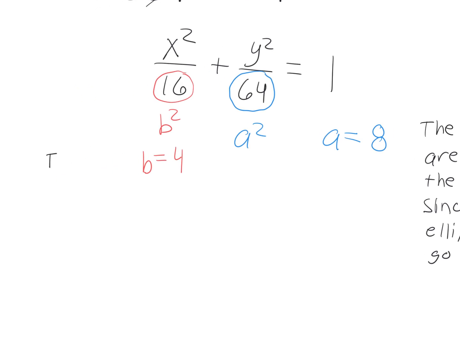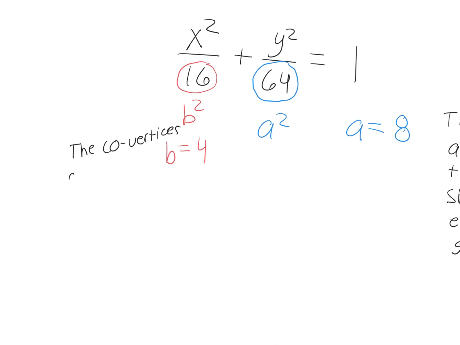We're just going to say the co-vertices are 4 units. Since we know it's vertical, the co-vertices are the shorter ones, so those are the ones that are going left and right. So the co-vertices are 4 units left and right from the center.